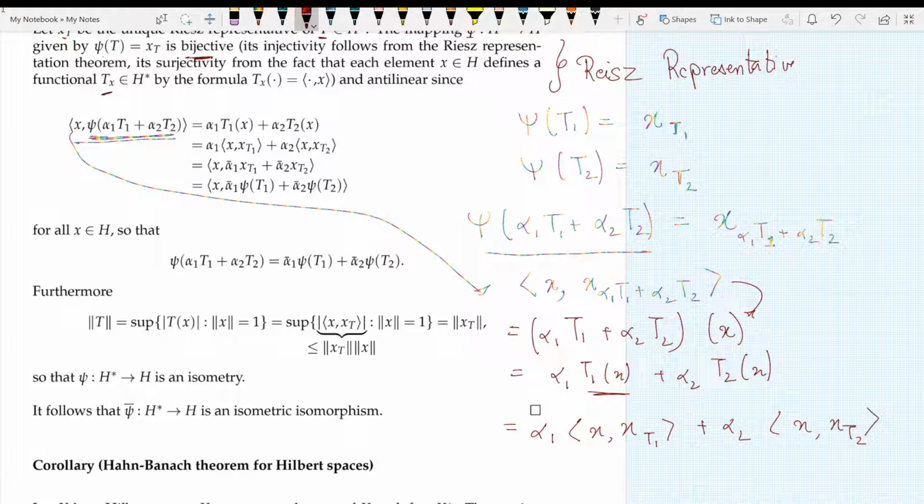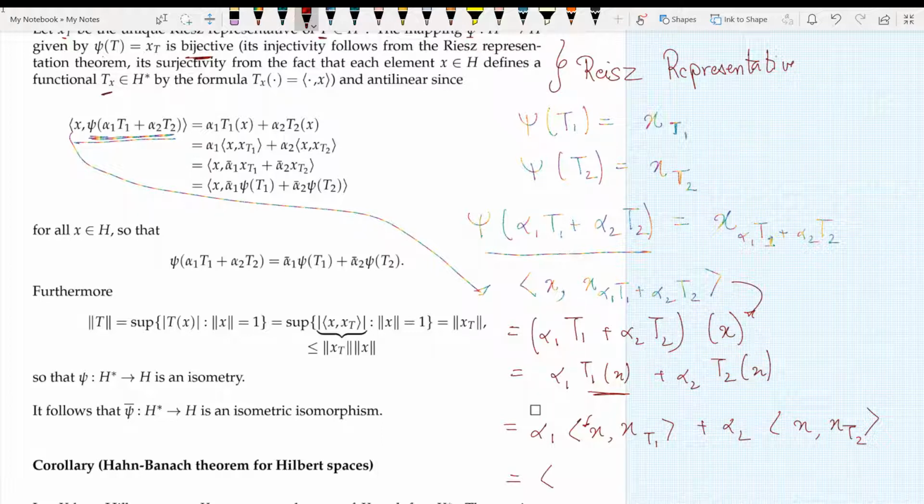Now when I have to take this alpha 1 inside, I take its complex conjugate, because according to the laws of inner product, as we have seen before in the video on inner product spaces and Hilbert spaces, if I want to take it out towards this side, I just use alpha 1, but if I want to take it to this side, I have to use alpha 1 bar.